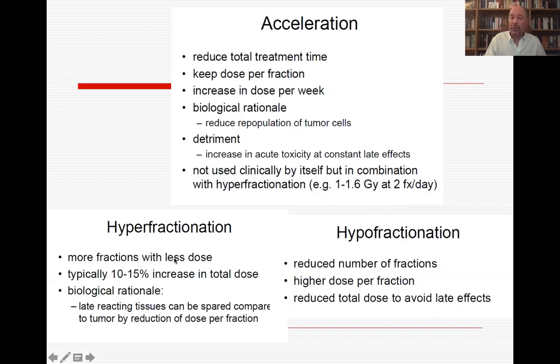You can do acceleration in combination with hyperfractionation, which means that now you irradiate at 2 fractions per day with the justification that the late reacting tissue can be spared compared to the tumor by reduction of dose per fraction. And of course, it can also be done in hypofractionation, where essentially you reduce the number of fractions and you increase the dose per fraction, but the total dose is also reduced, of course, because otherwise the BED will be enormous, too high.